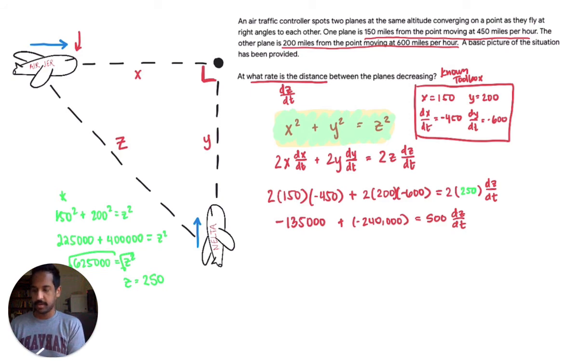On the left side, I add those together, I get negative 375,000 equals 500 dz dt. And then we're going to divide both sides by 500 so we can get dz dt by itself. And then we find negative 750.